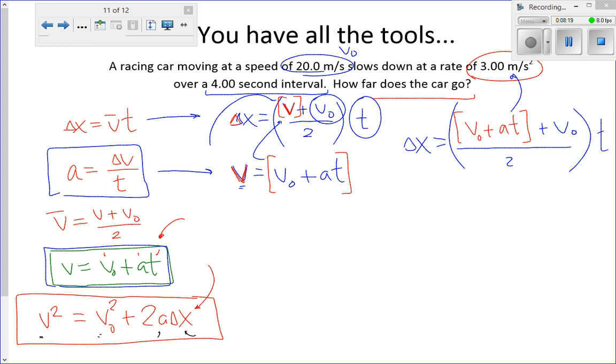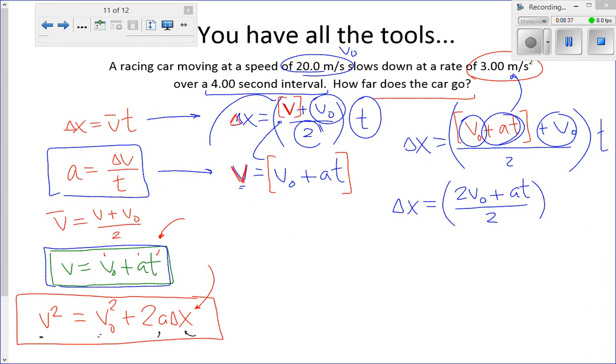Where did the divided by 2 come from? Just sitting right there. Now let's simplify. We've got a v naught plus another v naught, so 2 v naught plus at, over 2, all that times t.